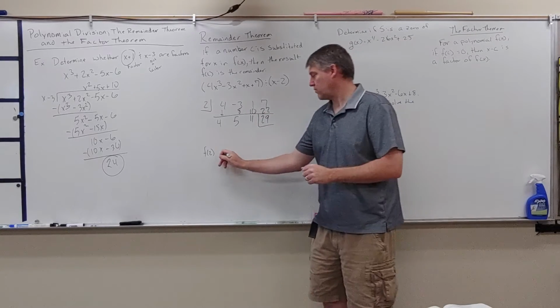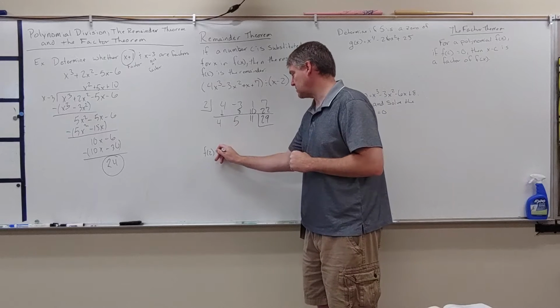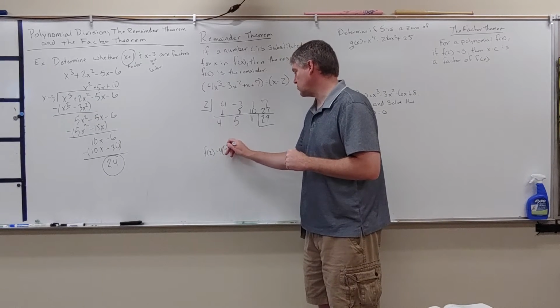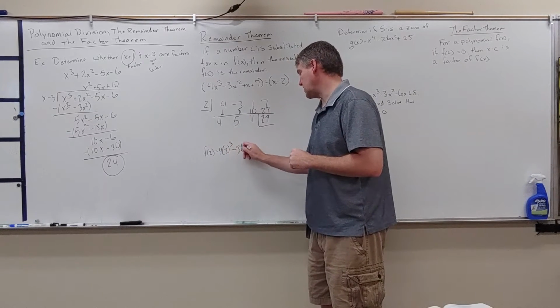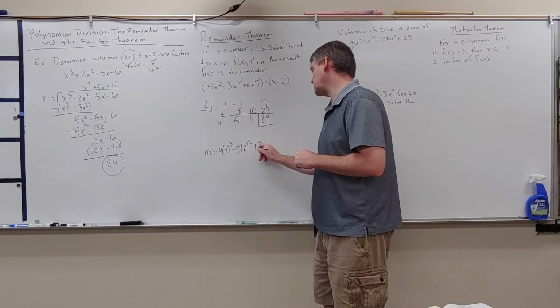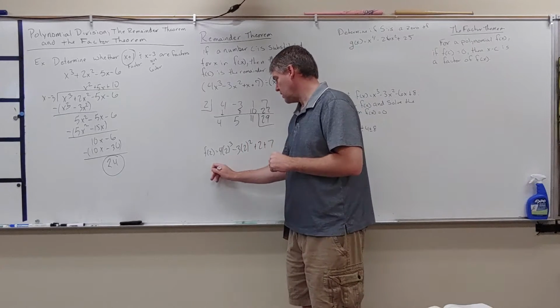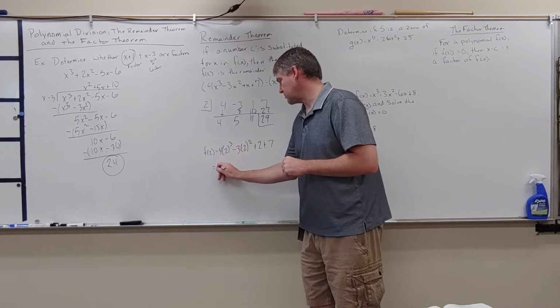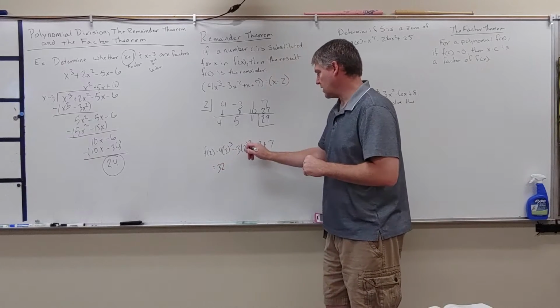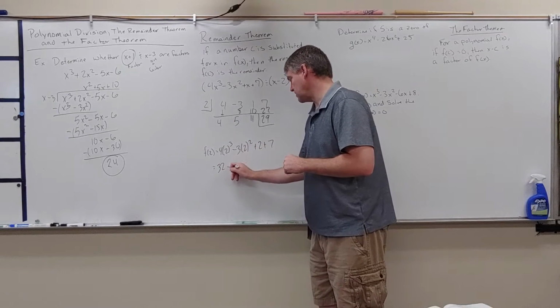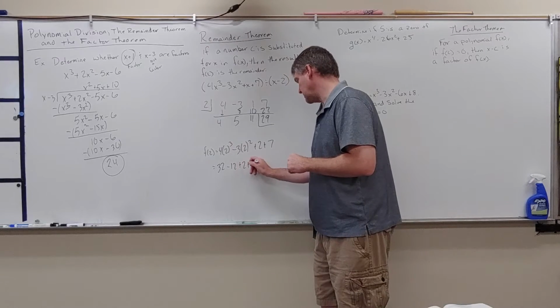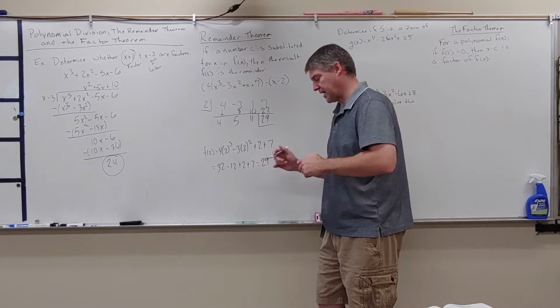Now, if I physically plug this in, 4 times 2 cubed minus 3 times 2 squared plus 2 plus 7. Well, this is 8 times 4 is 32. 2 squared is 4, so minus 12, plus 2 plus 7 equals 29.